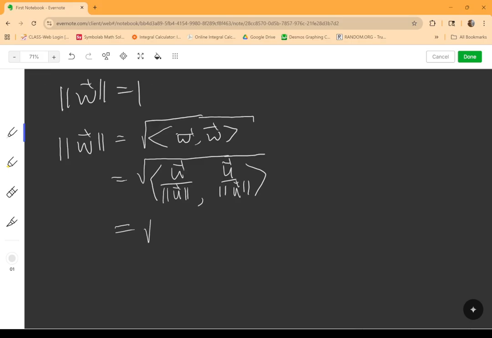So I can factor the scalar out of that first position.